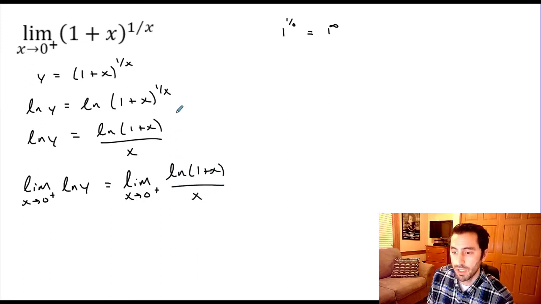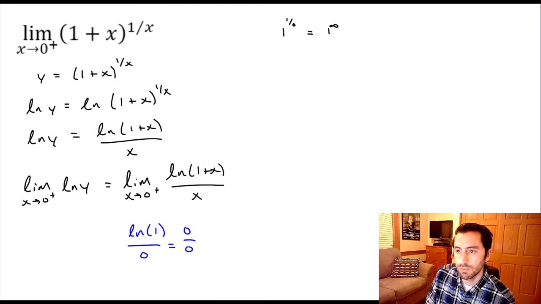All right, now taking a look at this, if I try to evaluate by just plugging in 0, I would end up with the natural log of 1 over 0. The natural log of 1 is 0, so we still have an indeterminate form of 0 over 0. But now we can actually use L'Hopital's rule. So we want to find the derivative of the numerator and the denominator.